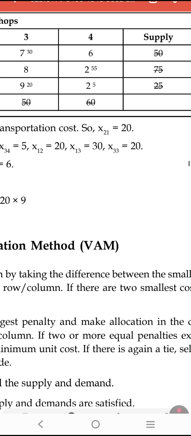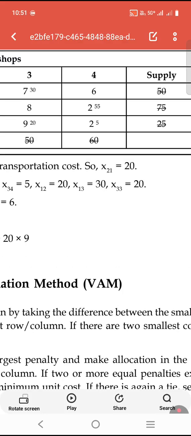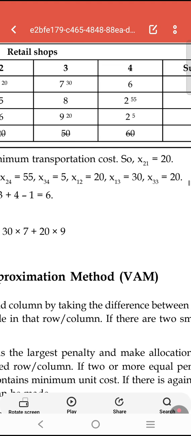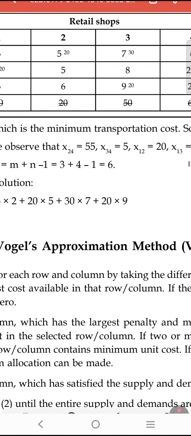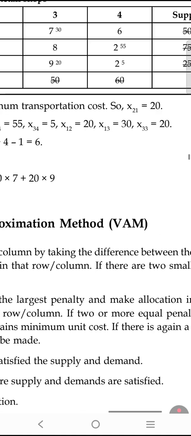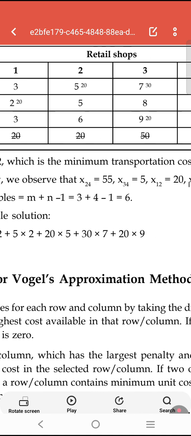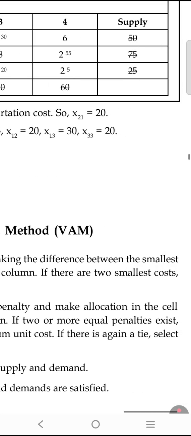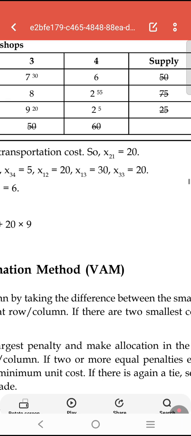We allocate the remaining 30 of the 50 in cell 13, cross out this row, and the remaining is 20.